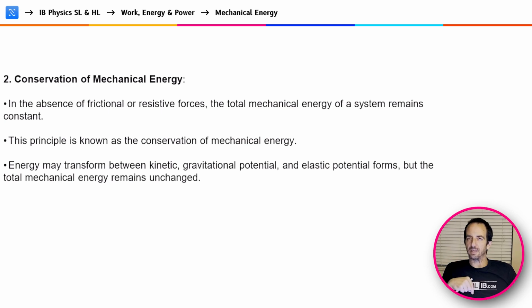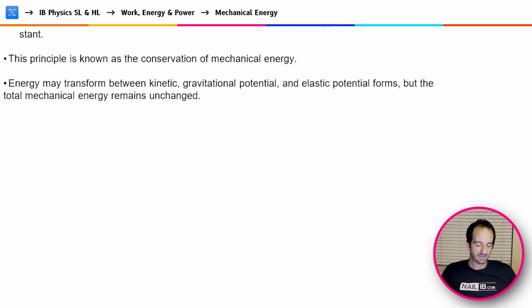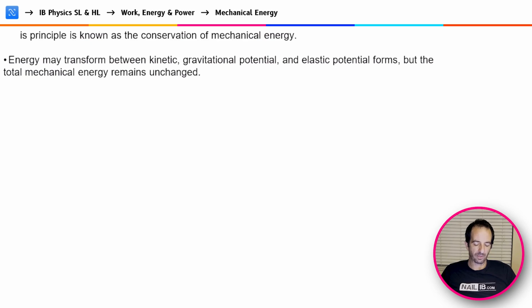In other words, there might be more or less kinetic energy, but any change in kinetic energy has to be compensated by one of the other forms, because the overall mechanical energy has to remain constant. This is known as the conservation of mechanical energy.